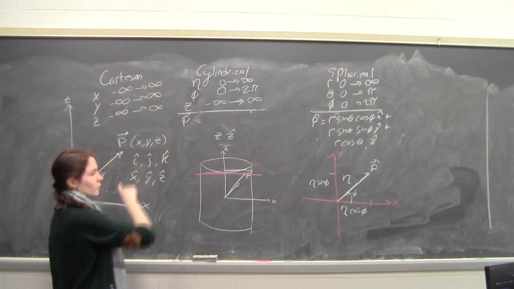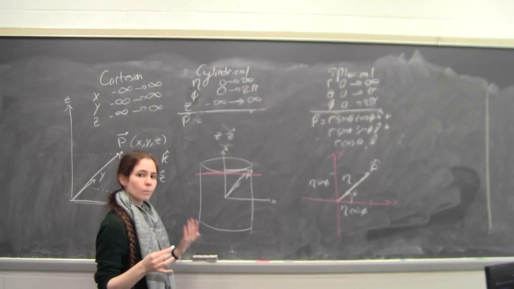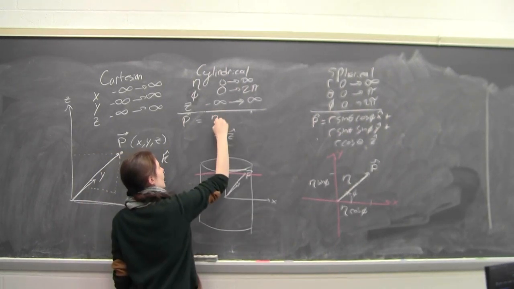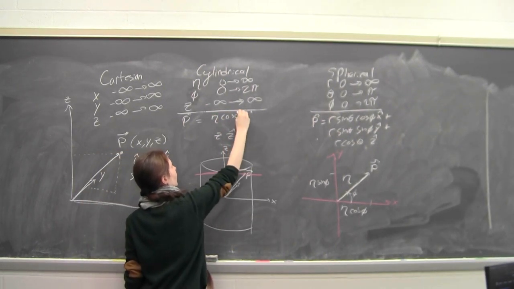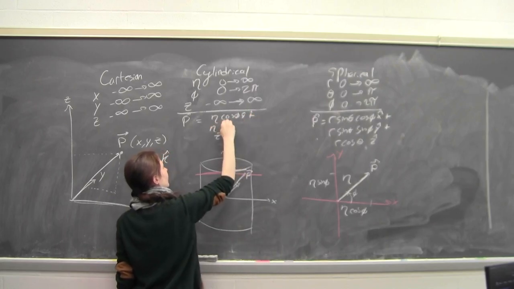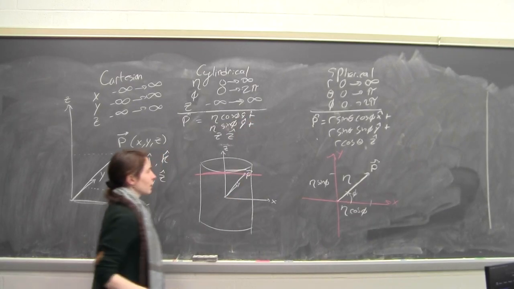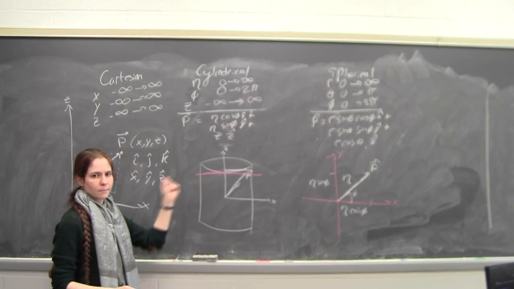And so we can write our vector p in cylindrical coordinates, but with Cartesian components, as eta cosine phi x hat plus eta sine phi y hat plus z hat.